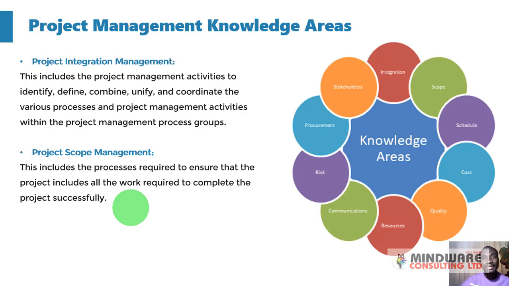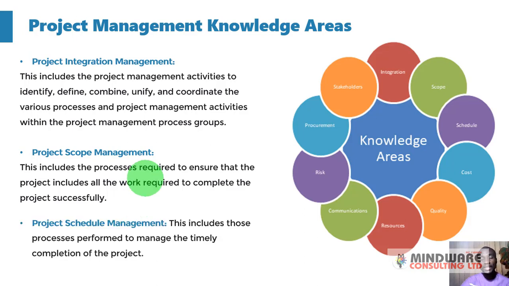You do the wrong things perfectly, you are still wrong. So you want to know what is included in the project and what is not included. What are those activities that are not meant to be part of the project? So you're not going to waste time on them. You're not going to waste resources on them. So that's what scope management is all about.